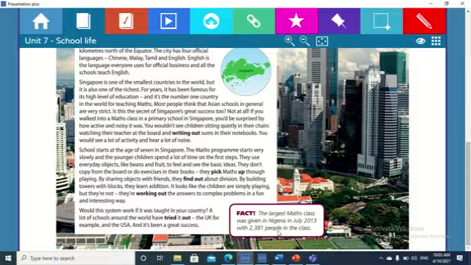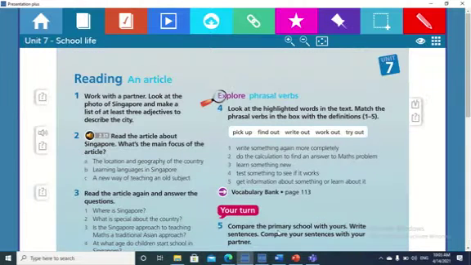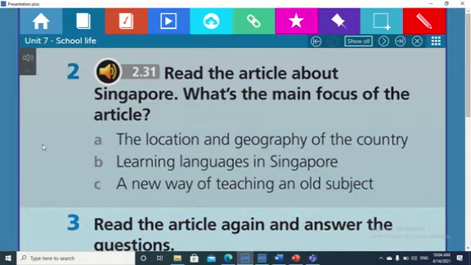Okay, so this is the end of this record, and now of course we will come back to our question. So what do you think is the focus? What is the main topic of this article? Of course you can guess that we're talking about maths. So a new way of teaching an old subject. Of course it's not enough just to choose one topic which is mentioned in one or two paragraphs.